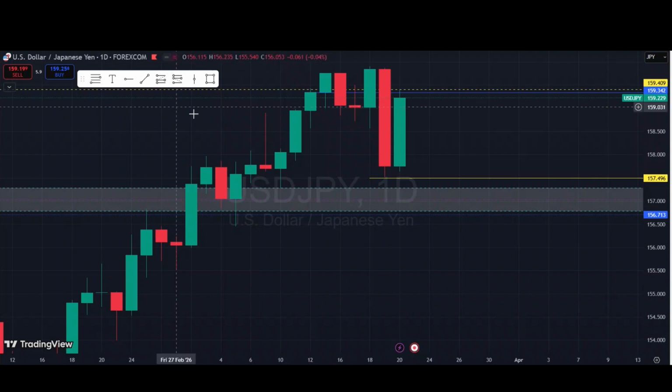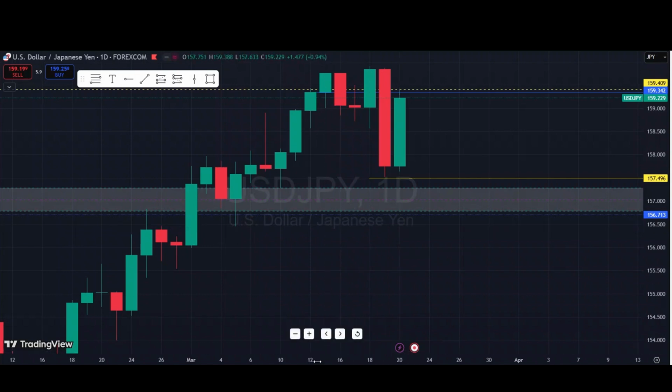We want to see price getting into these lows, the 157.49 level. If it continues to go down, I want to see price respecting this fair value gap, the 157.00. Sorry, the 157.49 level first, and then this fair value gap on the weekly, which is the 157 level.